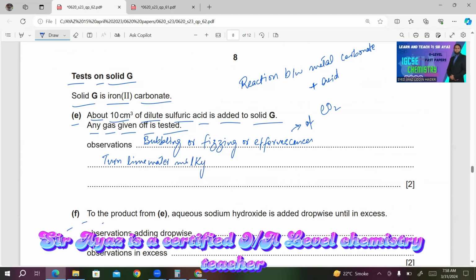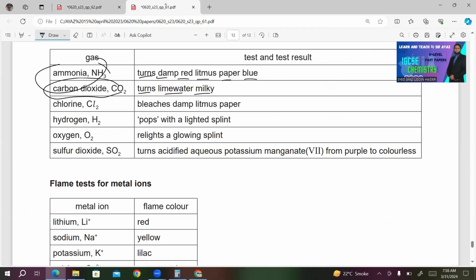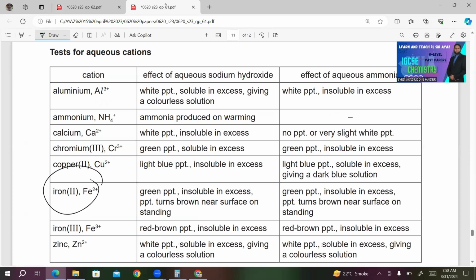Part F, to the product from E, aqueous sodium hydroxide is added dropwise until in excess. Observations, adding dropwise, observations in excess. You have iron 2 ions here. So if you look at the test for iron 2 ions from this list, here we have iron 2 ions. Now you are adding aqueous sodium hydroxide, what is the effect?